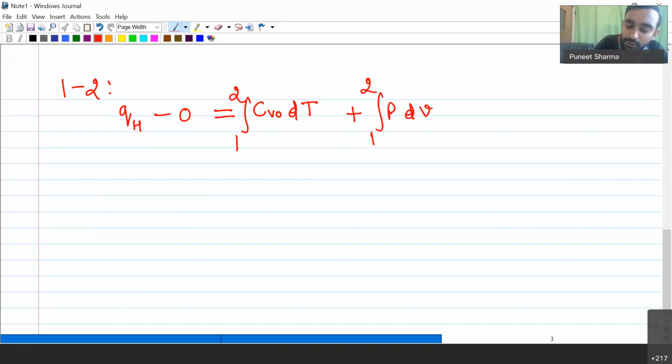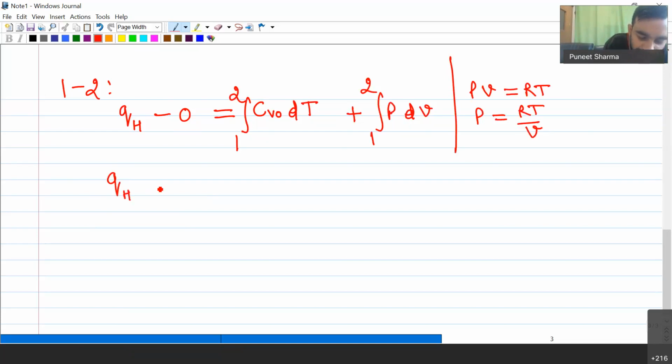Now I know from my ideal gas equation that PV is equal to RT. So P I can replace over here as RT divided by V. If I do this replacement, I'll find that QH is equal to, now this integral of Cv0 dT will be equal to 0. Why will it be 0? Because we know that temperature at point 1 is equal to temperature at point 2.